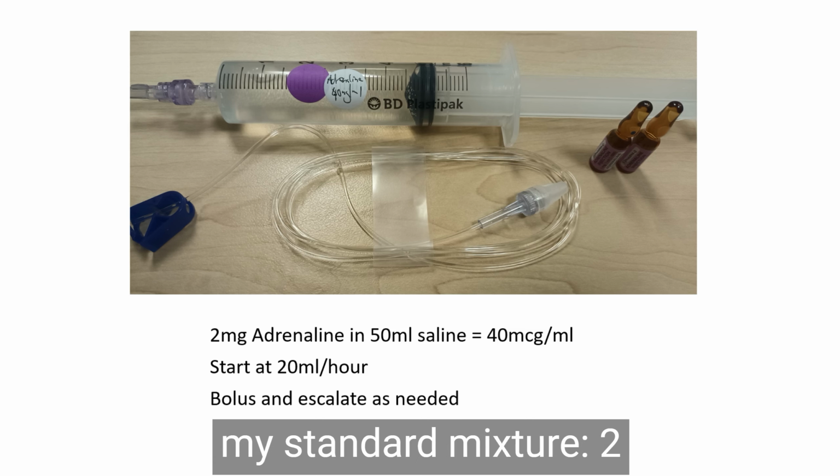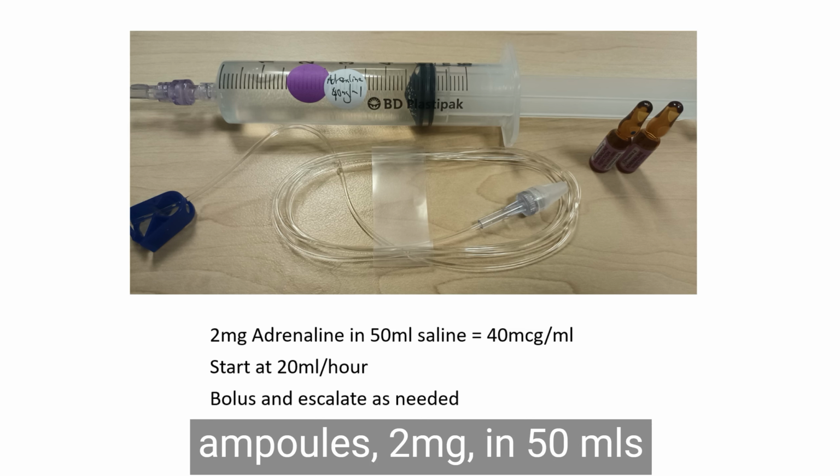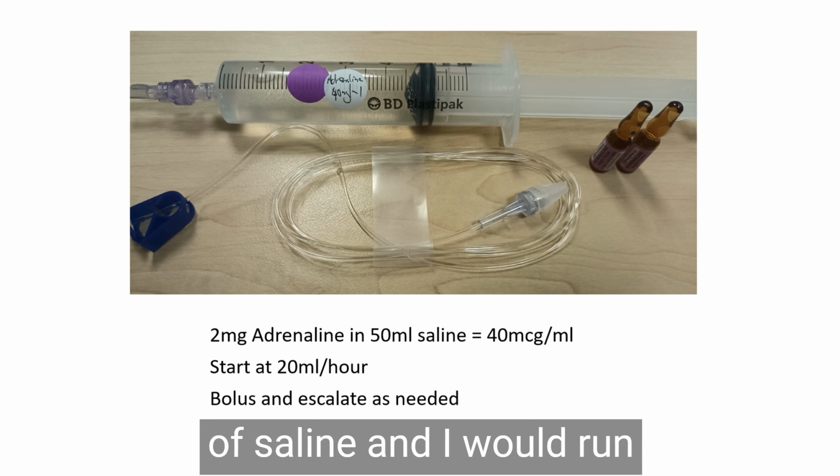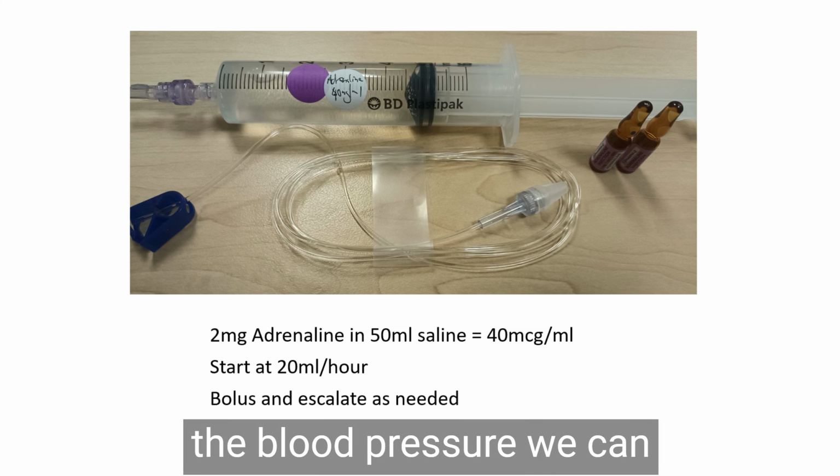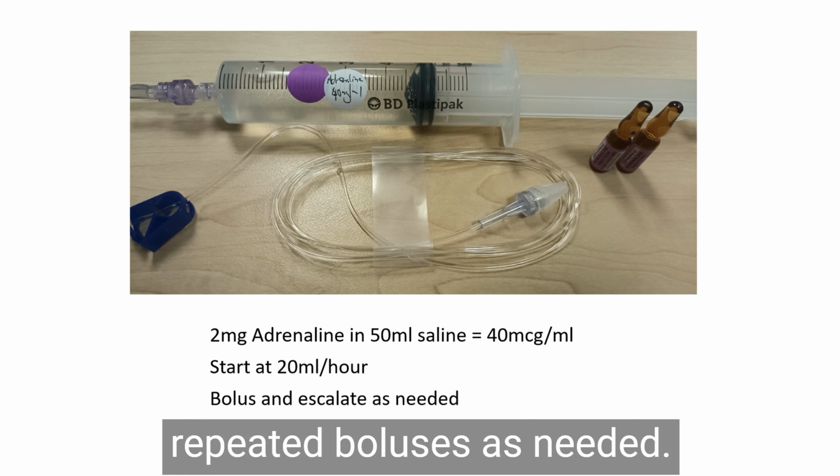I would start with my standard mixture, 2 ampules, 2 milligrams, in 50 mils of saline, and I would run that starting at 20 mils an hour. Then depending on the blood pressure, we can titrate that adrenaline infusion up or down, giving repeated boluses as needed.